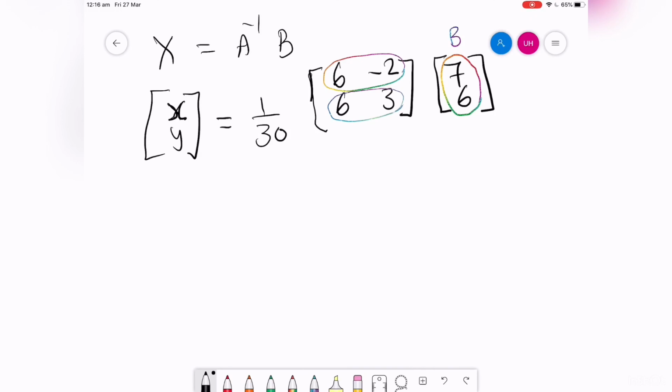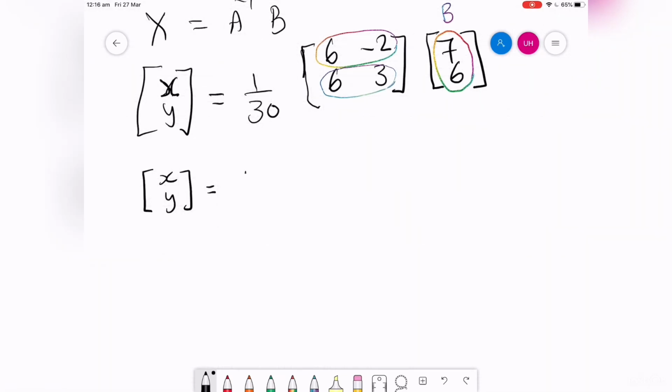Write it like x y equals 1 over 30, and then we multiply these together. So 6 times 7 plus minus 2 times 6. And then the second row multiplied by the column, which is 6 times 7 plus 3 times 6.